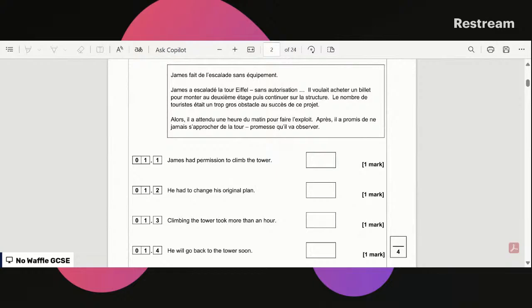So he has promised to never approach the tower. He intends never to experience the climb, and he promised that he wanted to just observe it. So, climbing the tower took more than an hour. That's actually not in the text, because it's saying he waited an hour, but he didn't climb for that long.